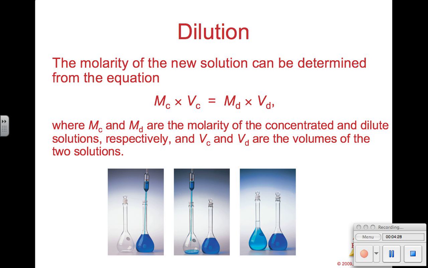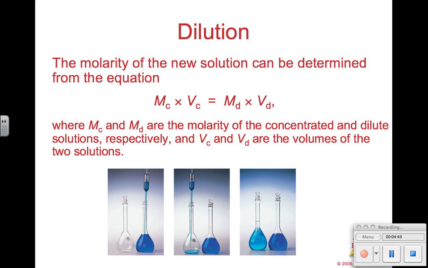That would make my MD 1, because I want a 1 molar solution, and then my VD would be either 1 liter or 1,000 milliliters. Either one will work for the calculation.